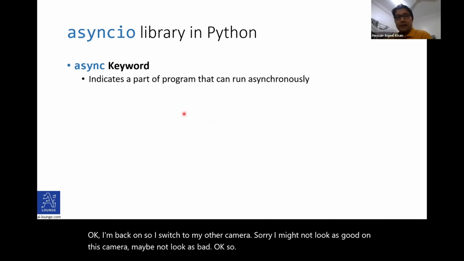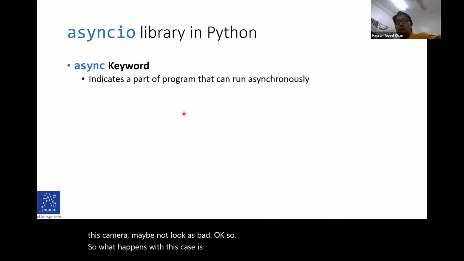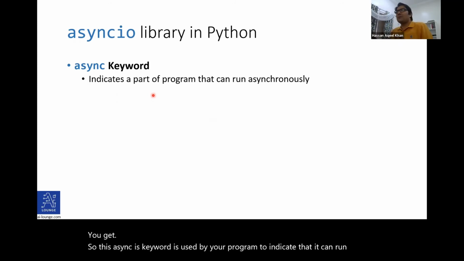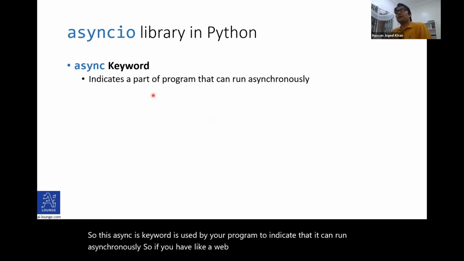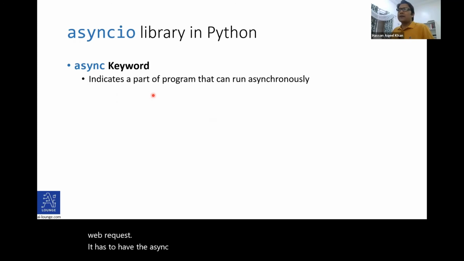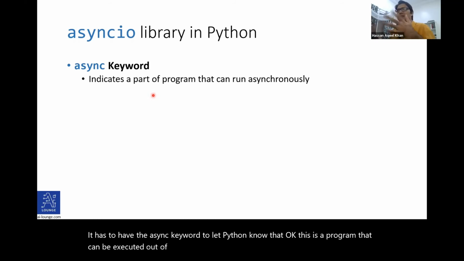The async keyword is used by your program to indicate that it can run asynchronously. If you have a web request or a function that downloads a web request, it has to have the async keyword to let Python know that this is a program that can be executed out of order, so you can juggle things around.